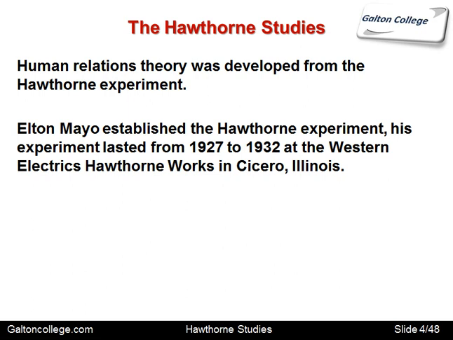He made observations of workers at the Hawthorne Works, and out of these observations, called the Hawthorne Studies, he drew several conclusions which we still use and consider in the present day.